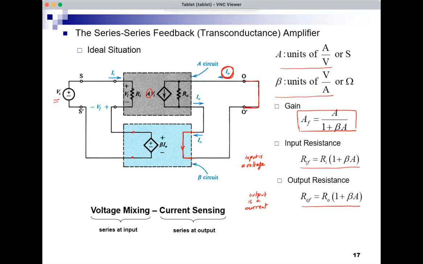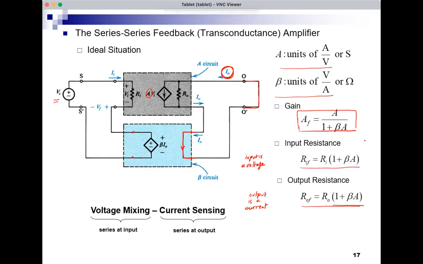In this case, we can use the same argument. Because the output is a current, I would like the output resistance to be as large as possible, ideally infinite. And again, feedback, because it's increasing the output resistance here in this amplifier where the output quantity is a current, is helping in making the output resistance closer to being ideal.